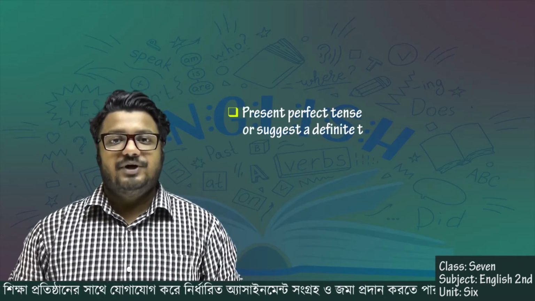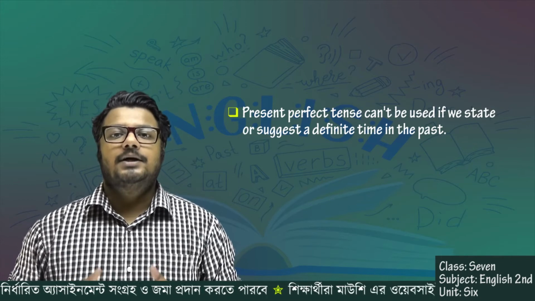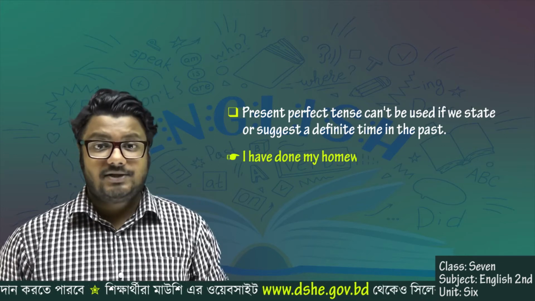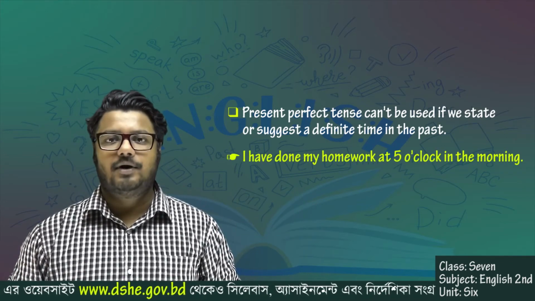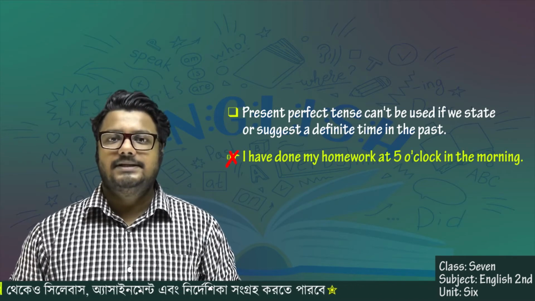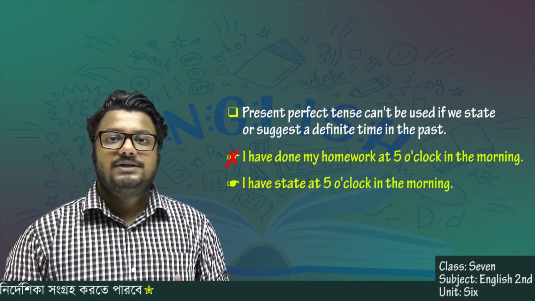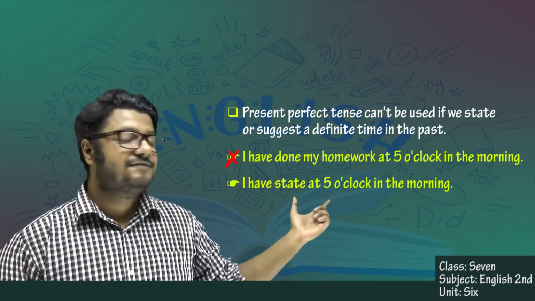Present perfect tense cannot be used if we state or suggest a definite time in the past. For example, I cannot say, I have done my homework at 5 o'clock in the morning. I cannot say that because this is wrong. In this sentence, I have stated 5 o'clock in the morning, which is a definite time in the past, but I have also used have done.